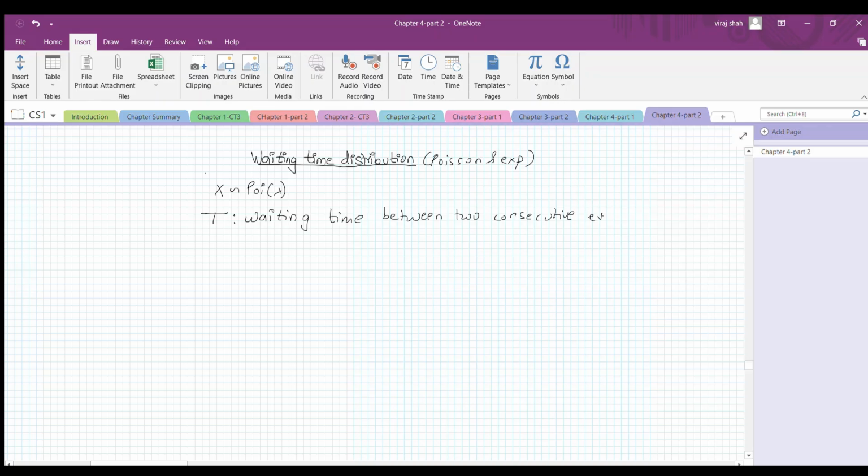Okay, so I defined one term t, which is the waiting time between two consecutive events. So if x follows a Poisson distribution and I were to calculate the waiting time between two events, then my waiting time follows an exponential distribution with the same parameter lambda. Okay, so let me take an example.